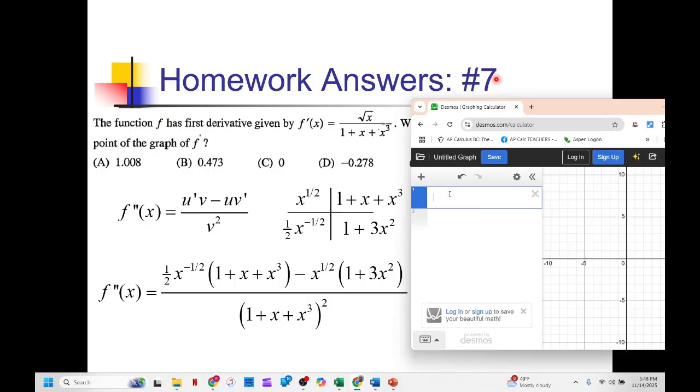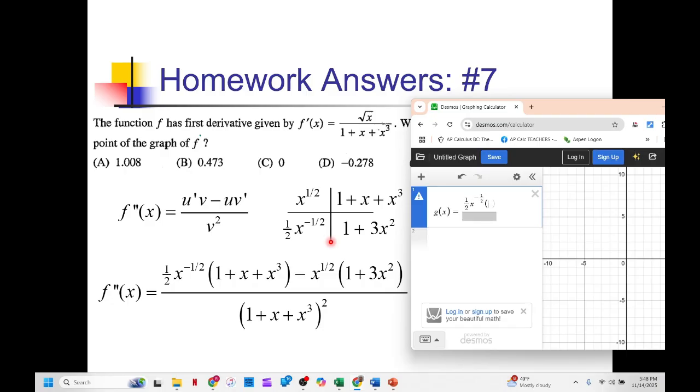So here I am on Desmos. Let me first enter this in here. I'll just call it g. And that's going to be, let's see here, we need a fraction, so fraction button, the division button, and then we've got 1/2, and then x to the negative 1/2, and arrow down here.